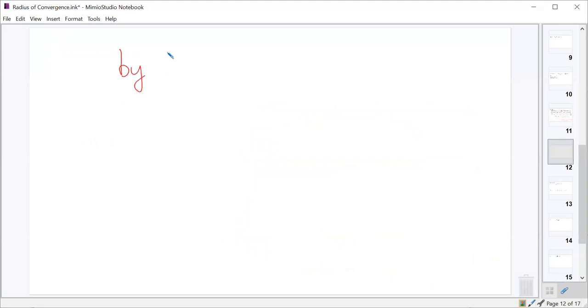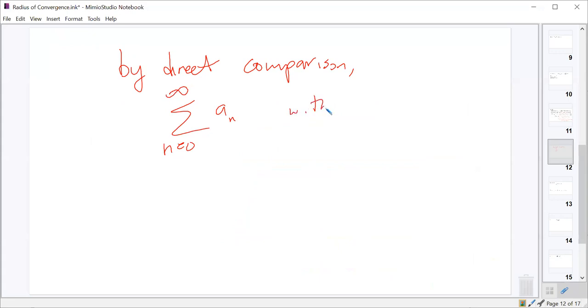It tells us that by direct comparison, our series, the sum from N equals 0 to infinity of our A sub N, also converges if it has this limit as N approaches infinity of A sub N plus 1 over A sub N less than 1. Does that make sense or no?